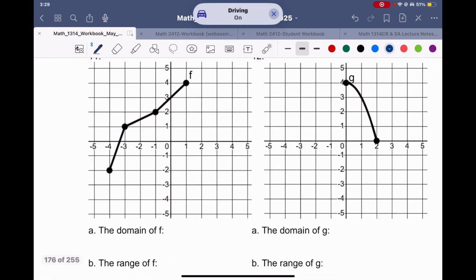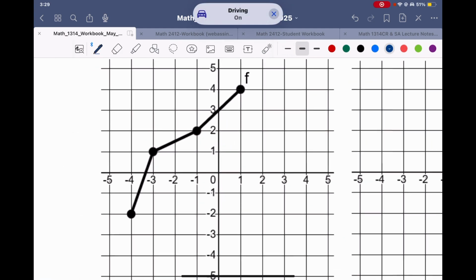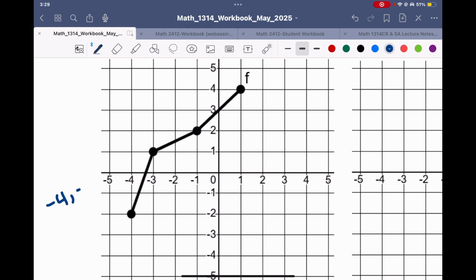Then give the domain and range of each. So let's graph this first, negative 4 comma negative 2. So then the inverse is going to be negative 2 comma negative 4. This one is negative 3 comma 1. The inverse 1 comma negative 3. This one is going to be 1 comma 2.